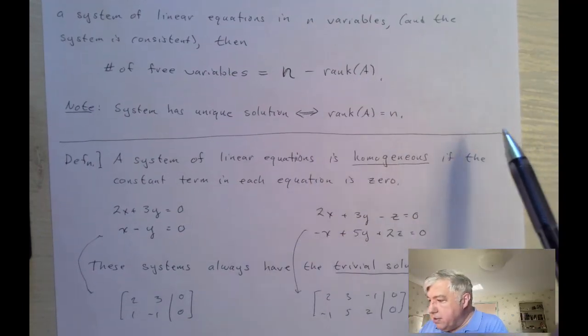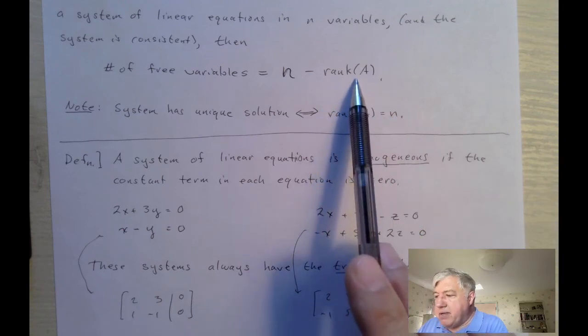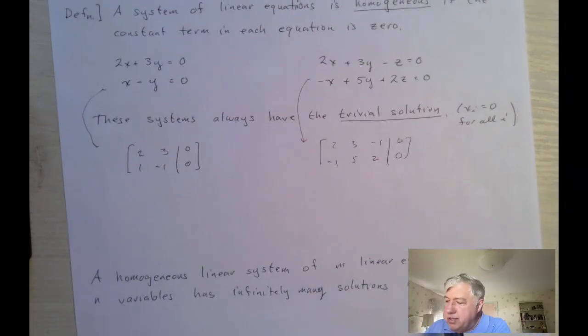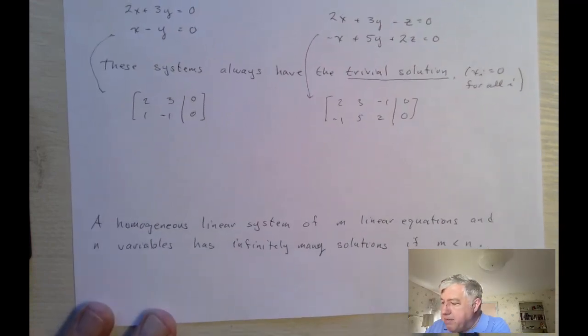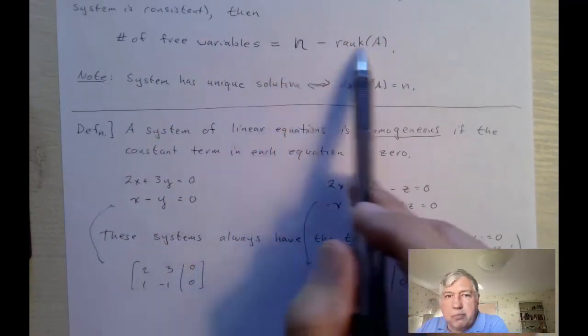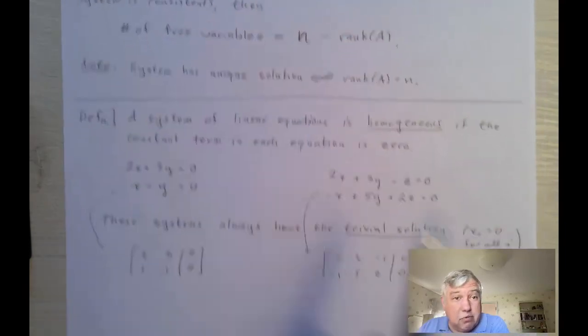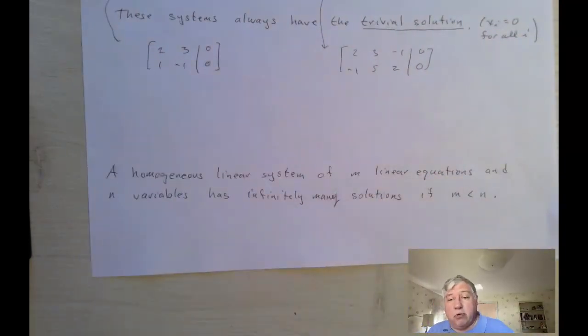It can't be any bigger than the number of rows, and the number of rows equals the number of equations m. So if m is less than n, then n minus the rank is always going to be positive. So we'll always get some free variables, and we'll always have infinitely many solutions.